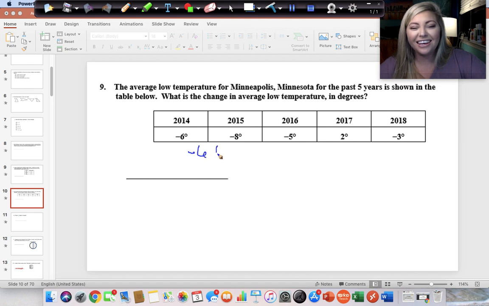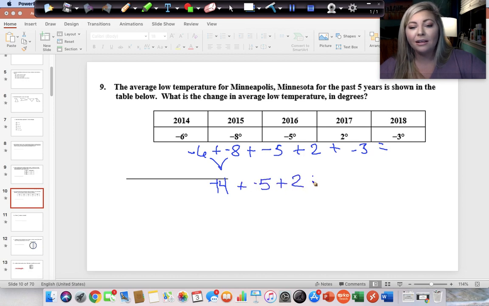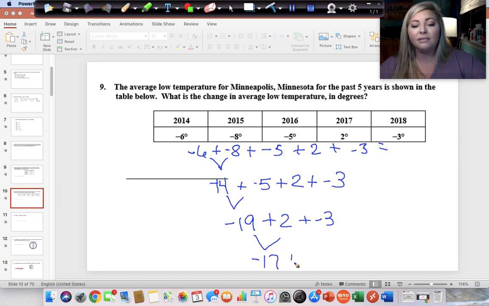So we've got -6 plus -8 plus -5 plus 2 plus -3. -6 plus -8 gives us -14. -14 plus -5 is -19. -19 plus 2 is -17.